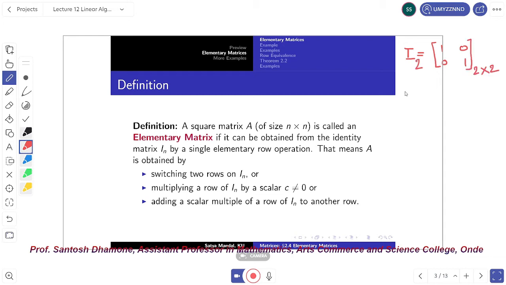Similarly, I3 is the matrix of order 3 by 3: [1 0 0; 0 1 0; 0 0 1]. This is the identity matrix of order 3 by 3.